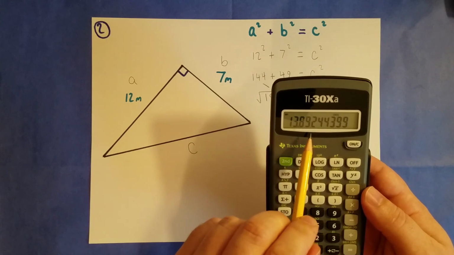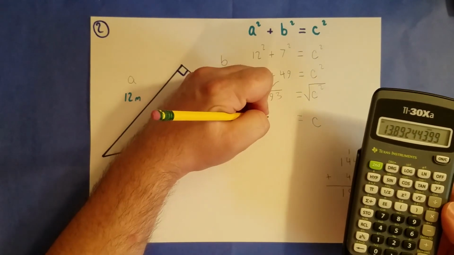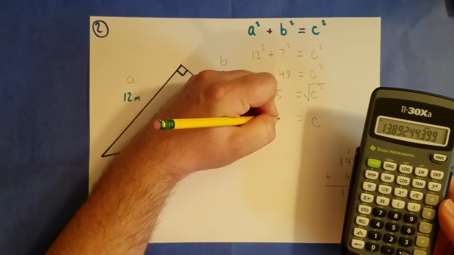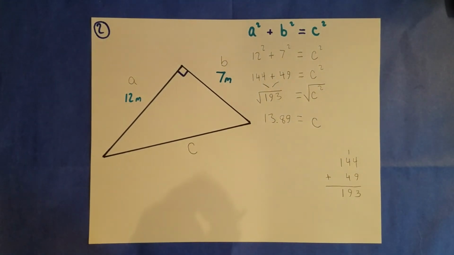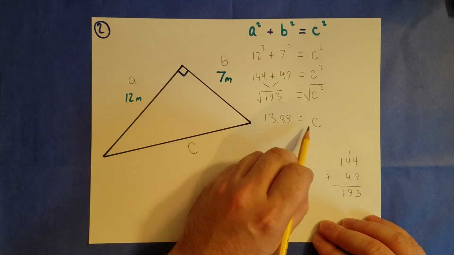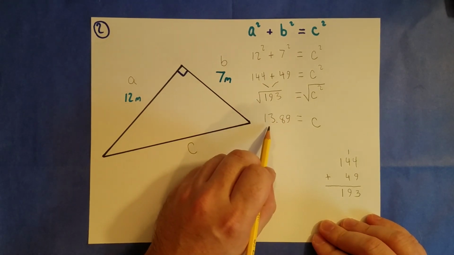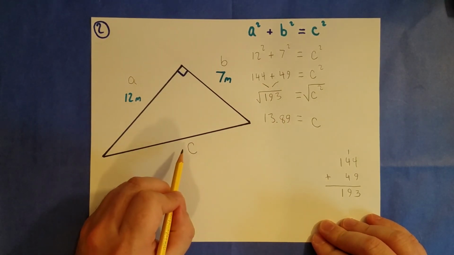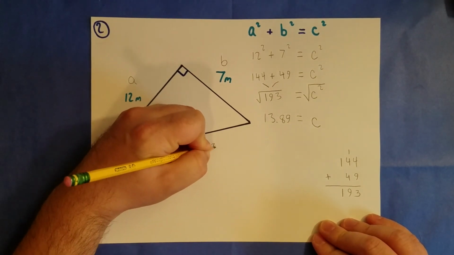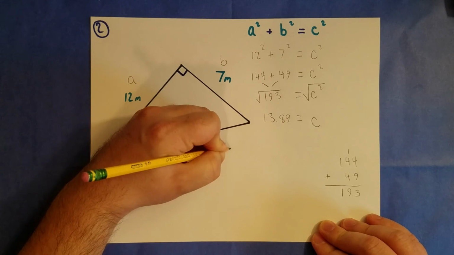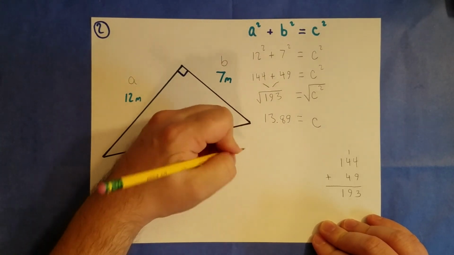I'm only going to take it out to the hundredths place. C equals 13.89. Let's put that back into the diagram. So C equals 13.89 meters.